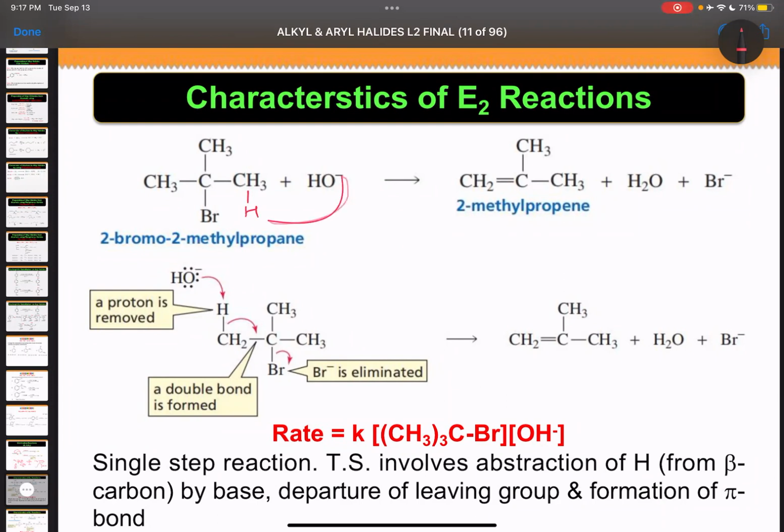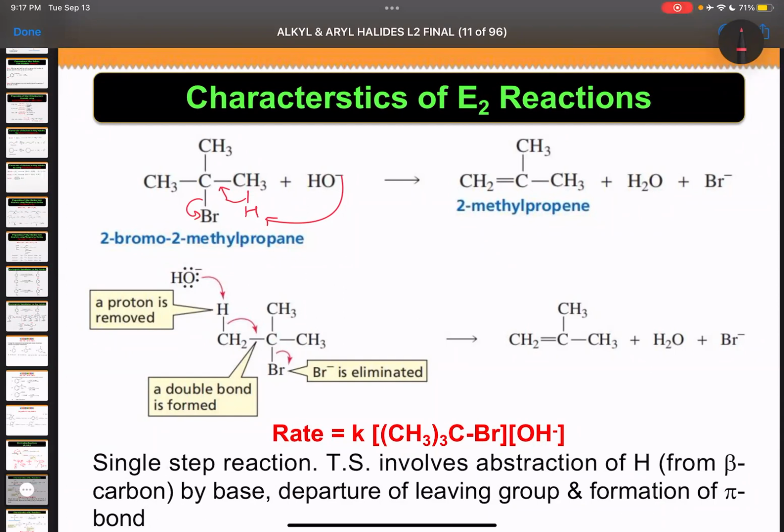And if the H plus is coming out, where are these electrons going? The electrons are forming a bond with the nearby carbon atom. And the Br is coming out. Is it clear? So everything happened in just one step.